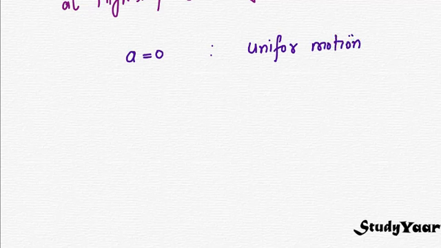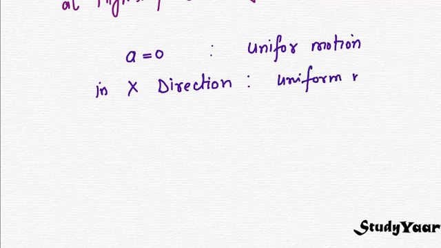Therefore, in x direction, my motion is uniform because in that direction there is no acceleration. Therefore, I can use my equation S is equal to u into t, which is displacement is equal to initial velocity into time.